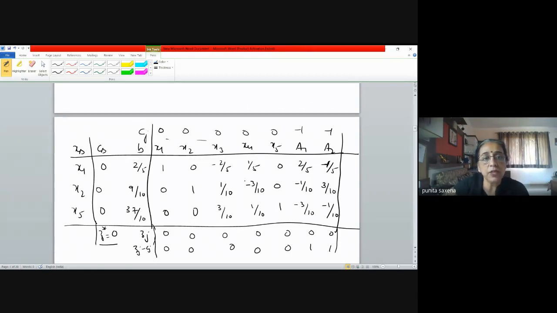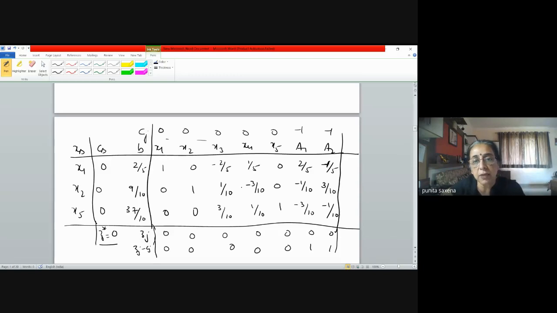The moment you change Cjs, your values under the column of CB will also change, and hence the value of Z will change. The entries in this matrix will remain the same, right? So we'll have to recompute our Z, our Zjs and Zj minus Cjs.